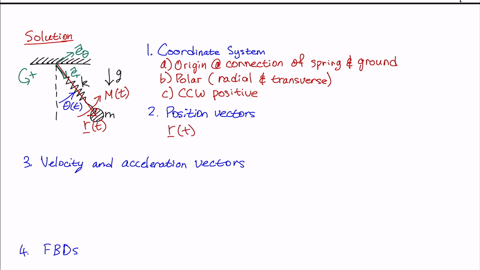In this case, this is going to be equal to the quantity scalar r of t, so that measures the deformation in the radial direction, plus some r0, which is the unstretched length of the wire, and all of that acting in the e hat r direction.